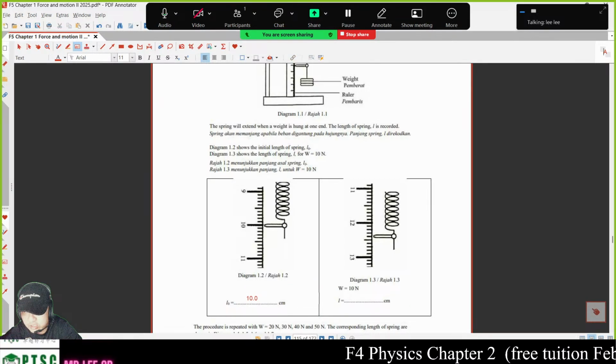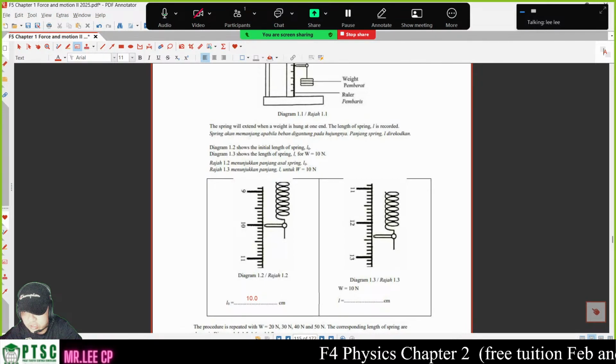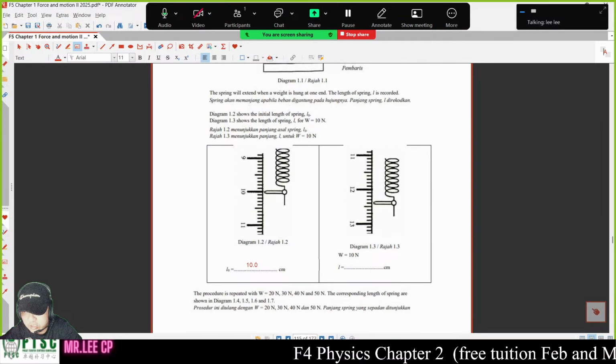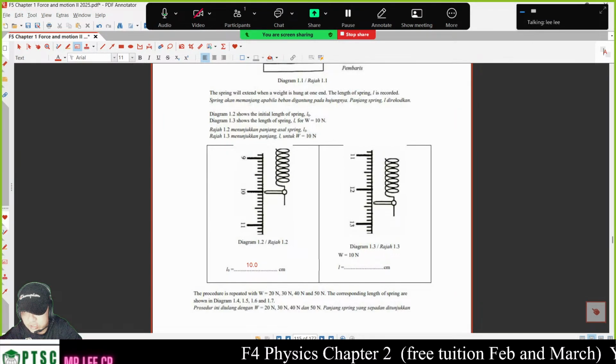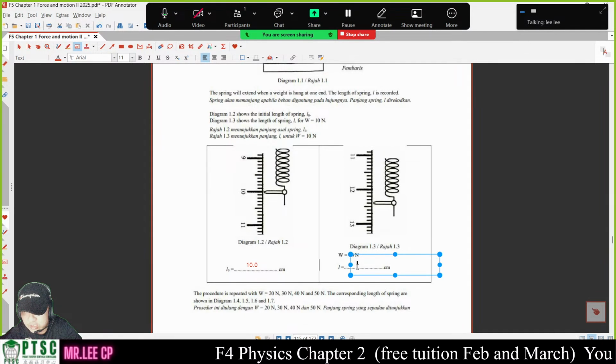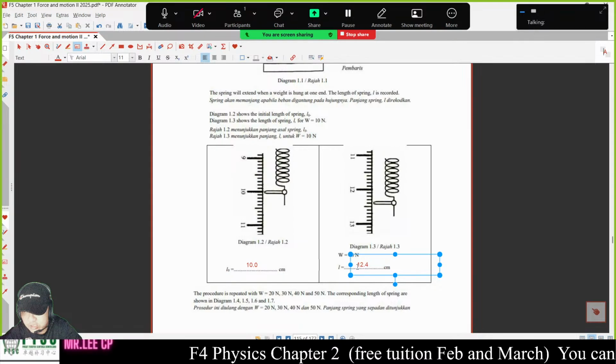So here, after you hang on something, 1.3 shows you hang 10 Newton. With 10 Newton, you go to 12.4 cm.